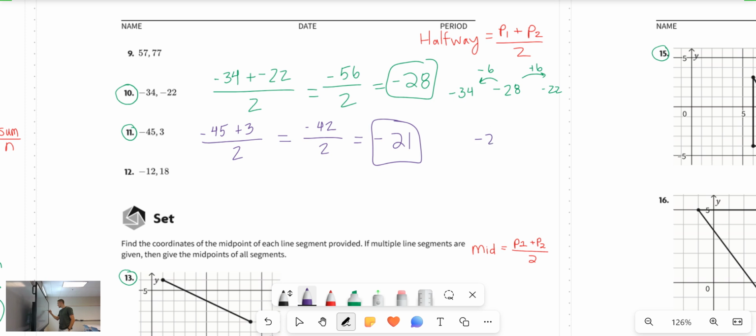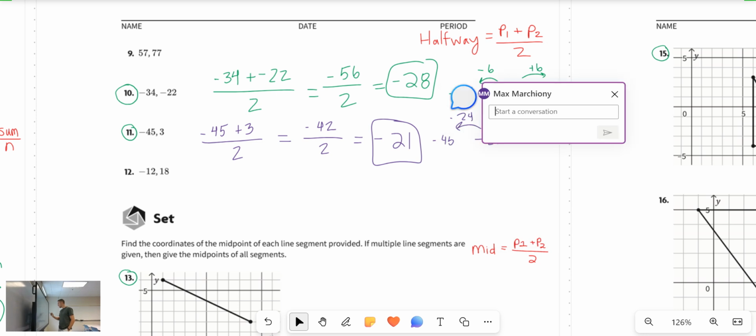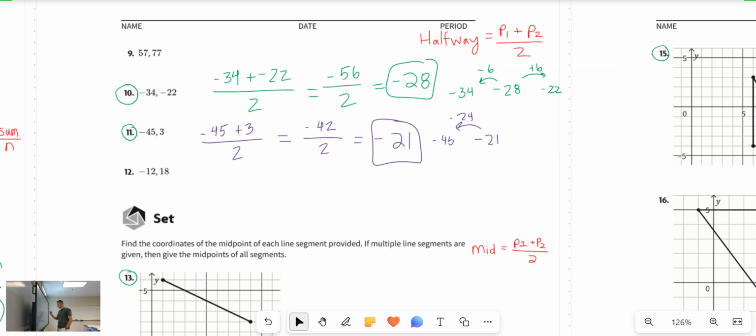So if we have negative 21 here, we'd have to go 24 in the negative direction to reach negative 45, and we'd have to go 24 in the positive direction to reach positive 3. So that works as well.